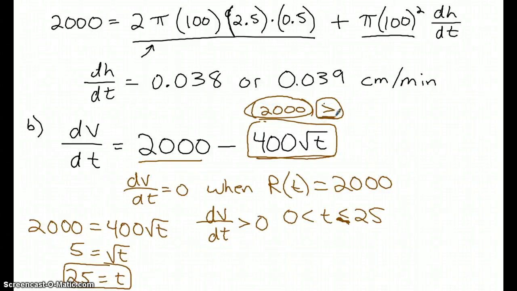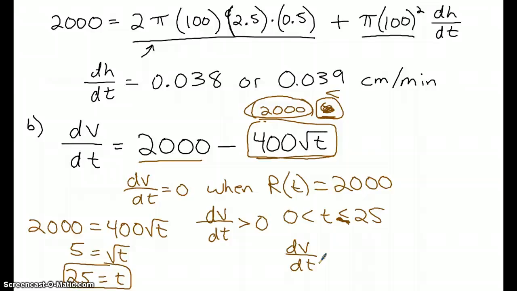So 2,000 minus something that's bigger than 2,000 is going to be a negative number. So that means dV/dt, the rate, is going to be decreasing. You think about a rate as the slope of a tangent line: it's increasing, and then all of a sudden after 25, it's decreasing. That indicates that there's a maximum there.